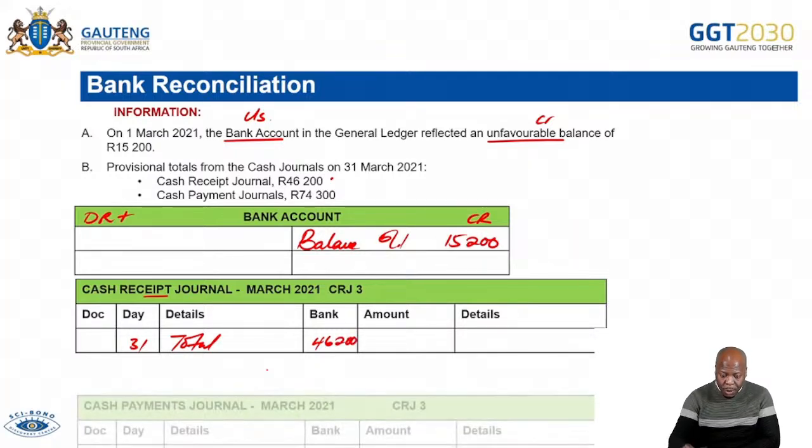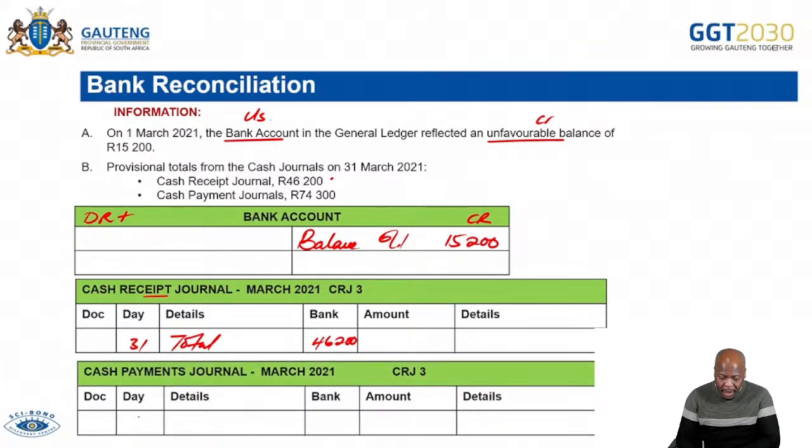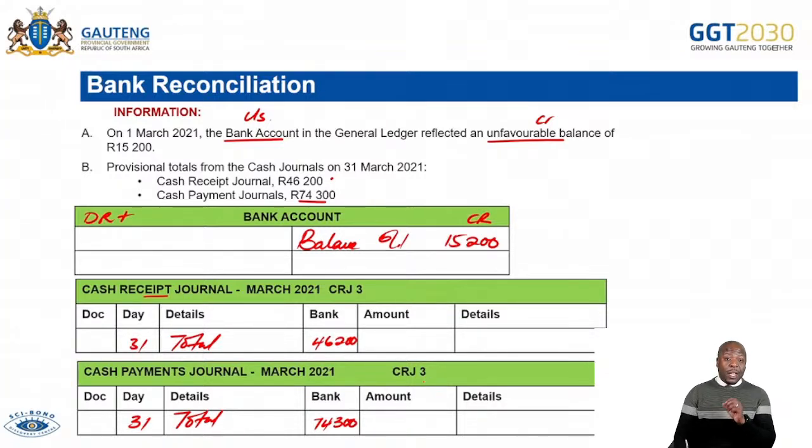And I need to record the total for the CPJ. I'll come here, then it's day 31. Then I say total. The amount is 74,300. So I have recorded information A and information B. Are you following? Okay, that means we need to go to the next information. Let's go to the next information.